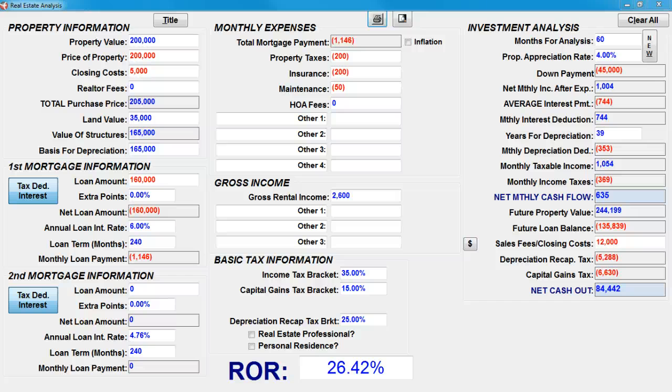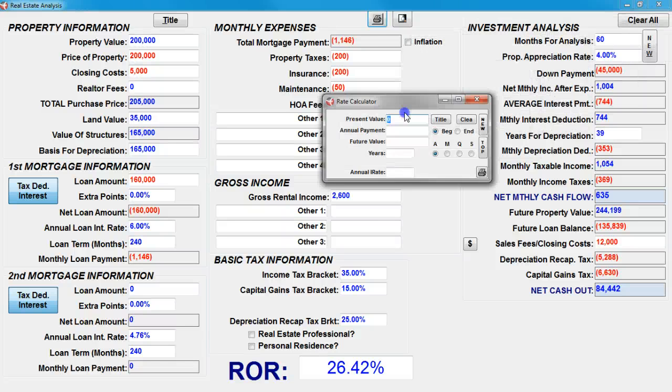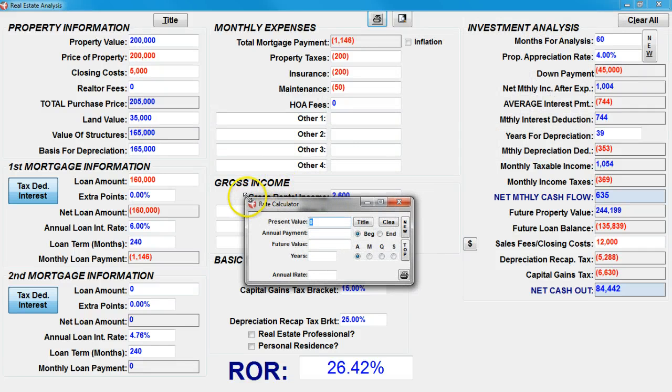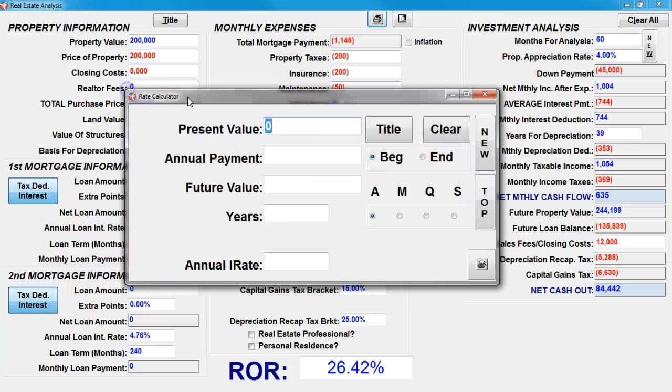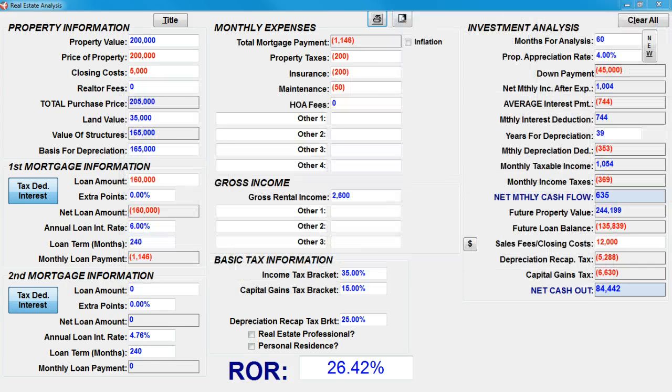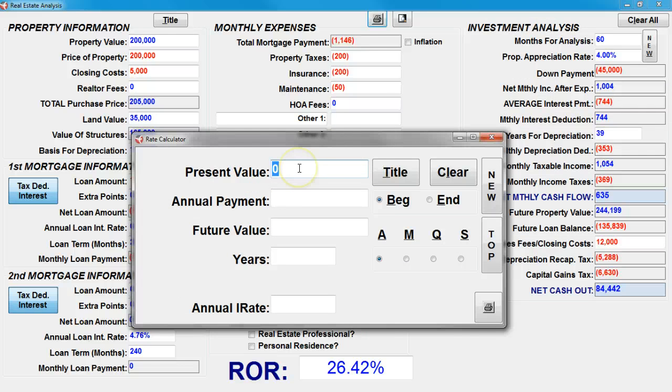So now we're going to bring in another calculator, and we'll analyze the actual return on the $40,000.